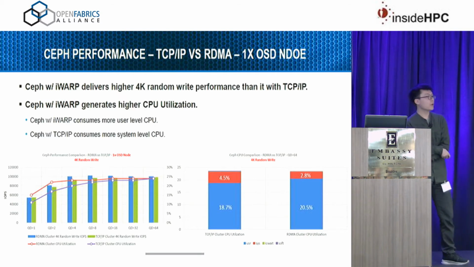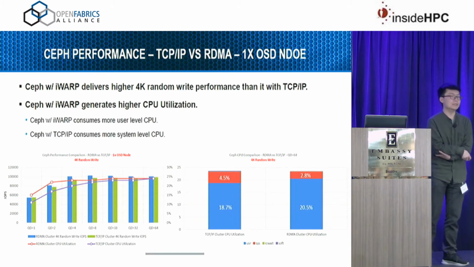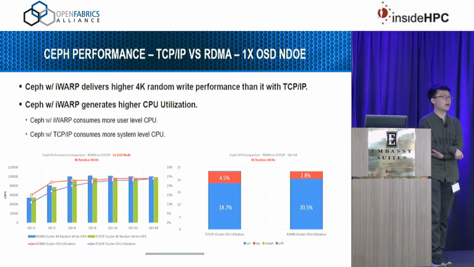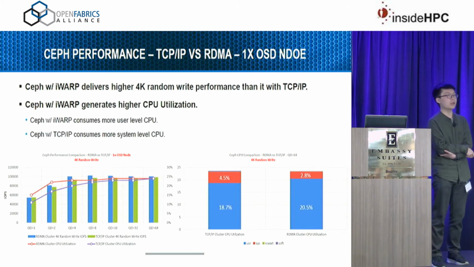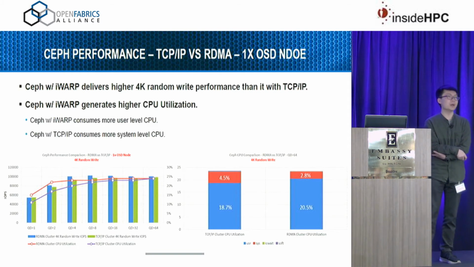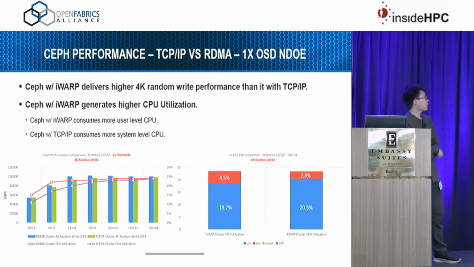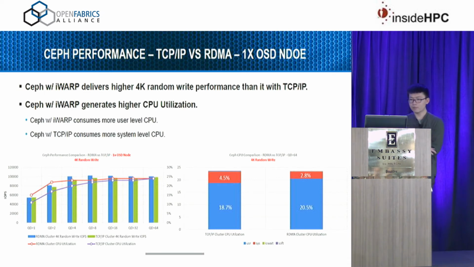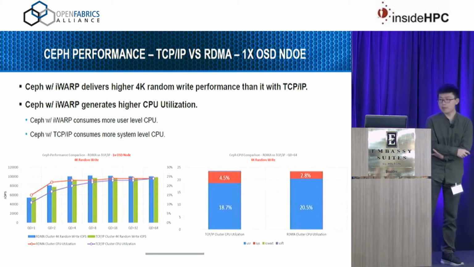It makes sense at first sight because RDMA is kernel bypass and zero copy, so it generates less CPU at the system level. But it doesn't make sense that Ceph with iWARP generates higher CPU utilization at the user level. We will try to answer this question in the following slides.